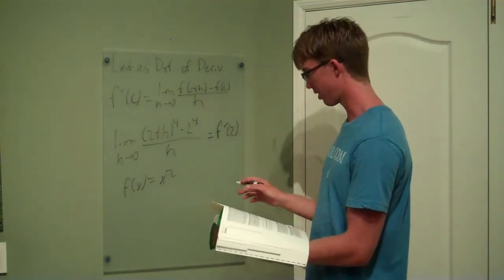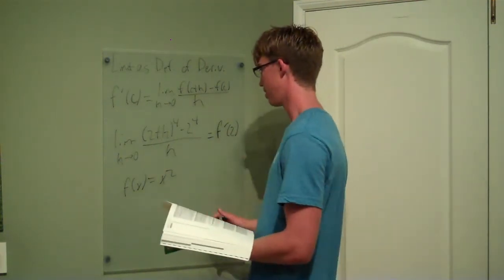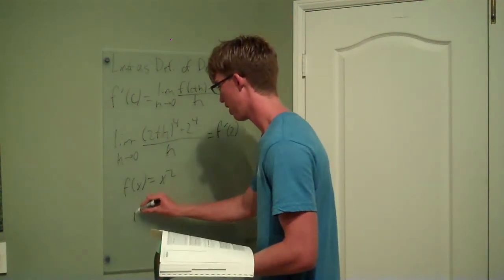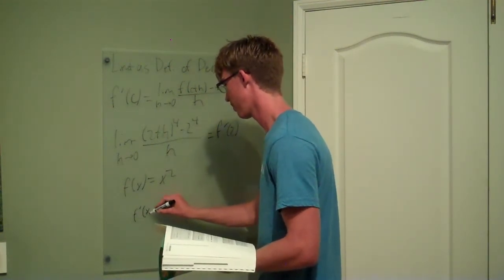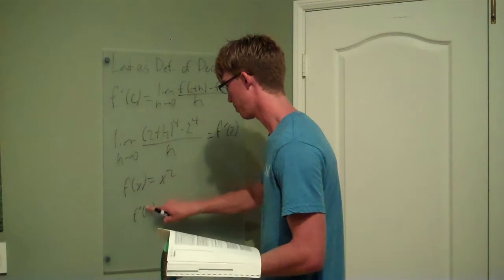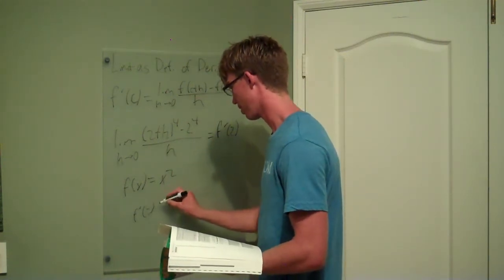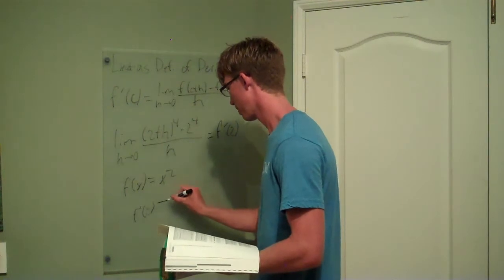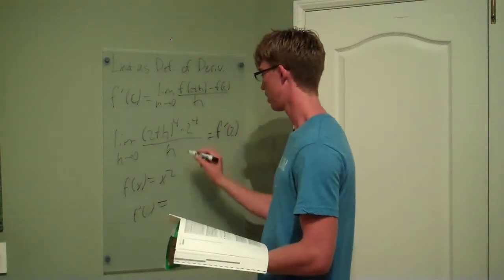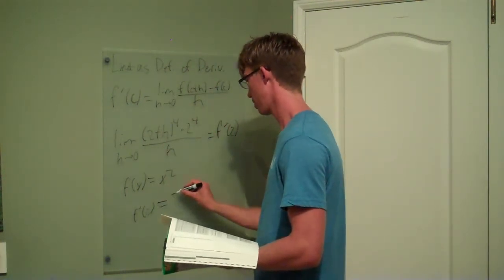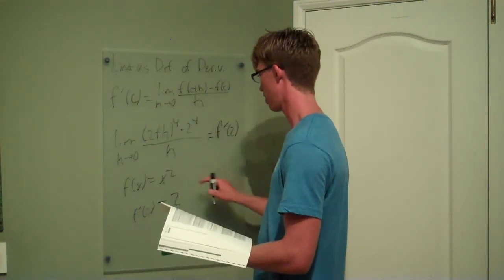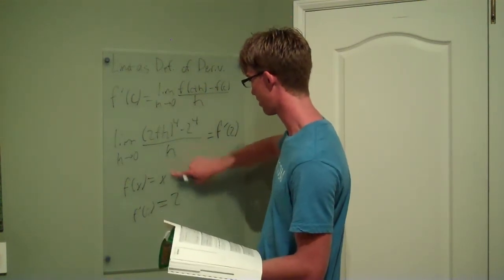And so, all you really have to do is find f prime of x at 2. Sorry, why did I put x squared?